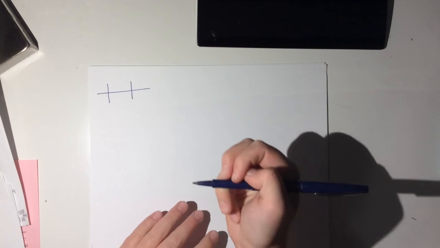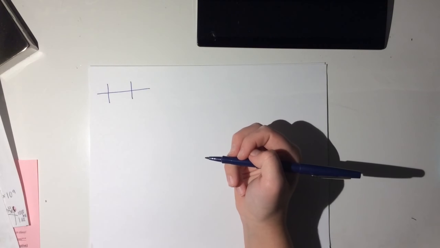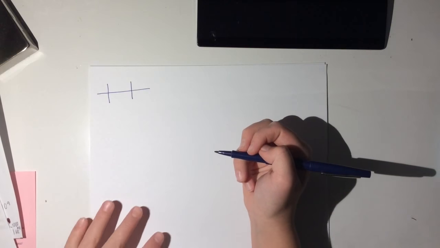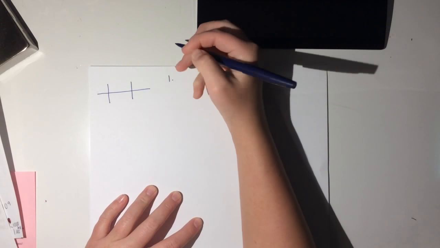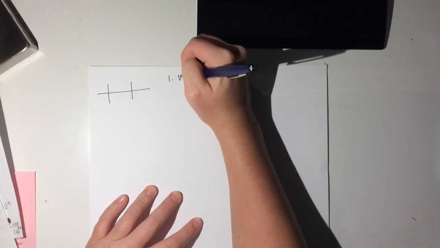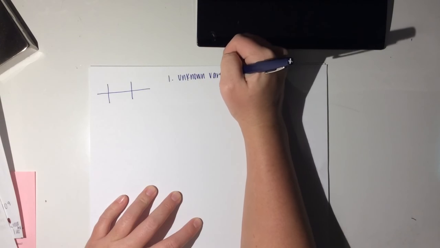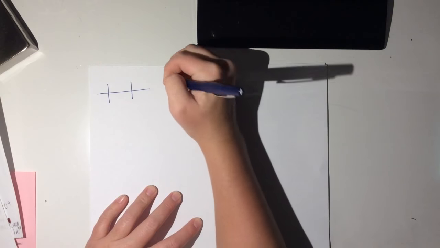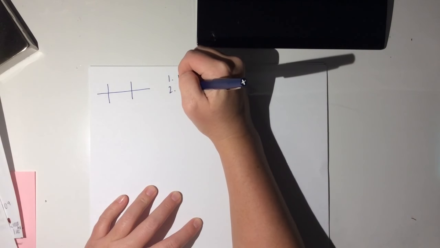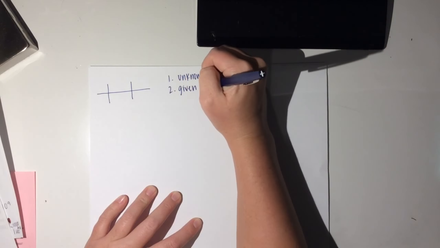And there are 5 steps in order to use dimensional analysis. Step 1 is intended for the unknown variable. Step 2 is intended for the given information.